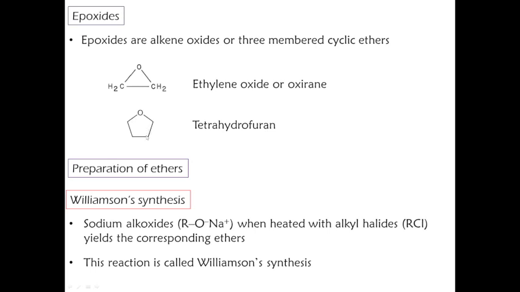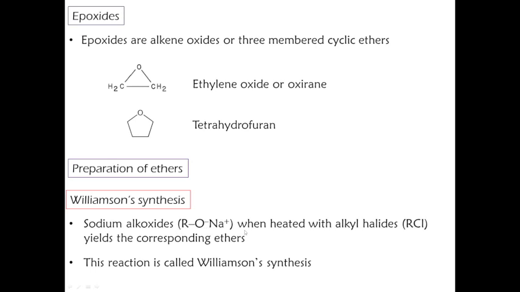Okay, and then let us discuss the preparation of ethers. Williamson synthesis is a very important method for the preparation of ethers. Here in Williamson synthesis we use sodium alkoxide, RO⁻ Na⁺, which when heated with an alkyl halide, RCl, yields the corresponding ether.